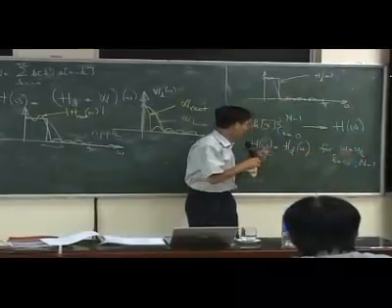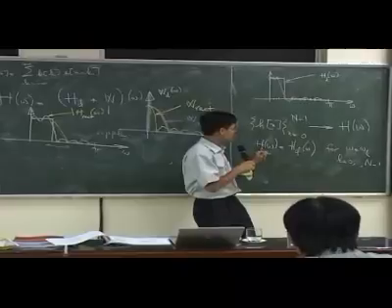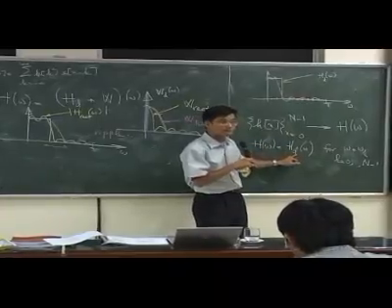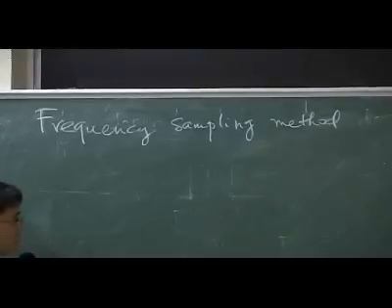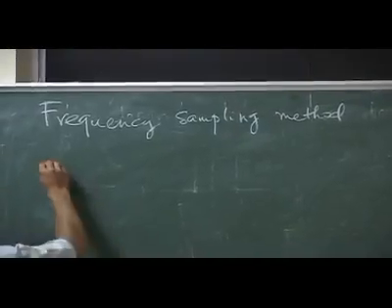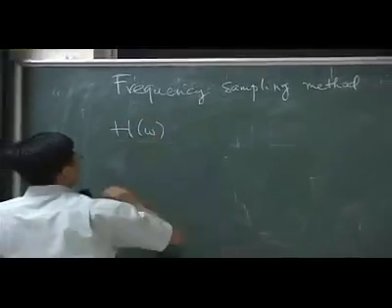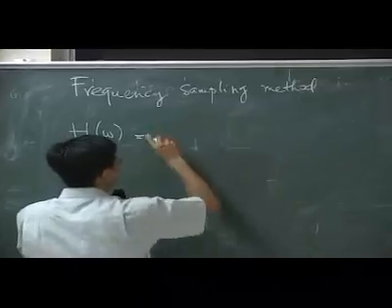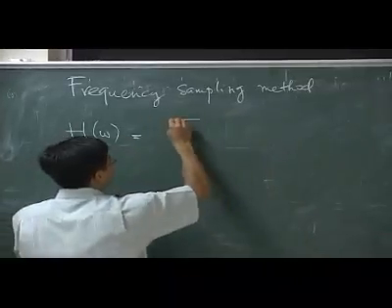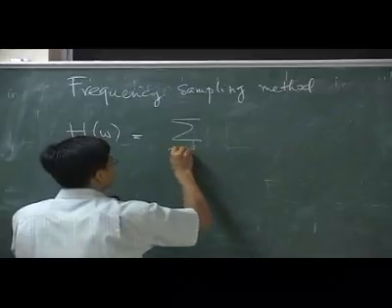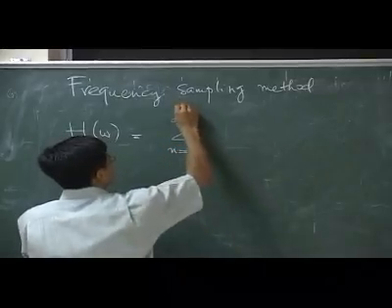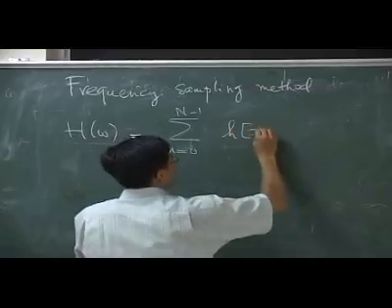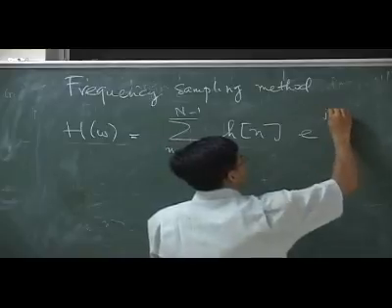I enforce the filter I'm going to design to equal this ideal filter. What do we have? We have H of omega, which is our desired, real filter, as a summation over n from 0 to N minus 1 of h of n e to the minus j omega n.